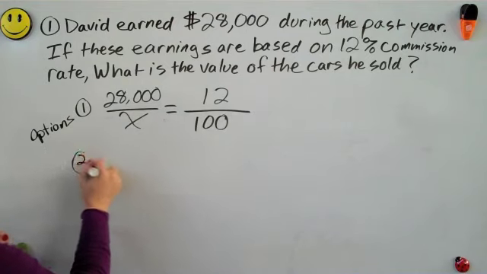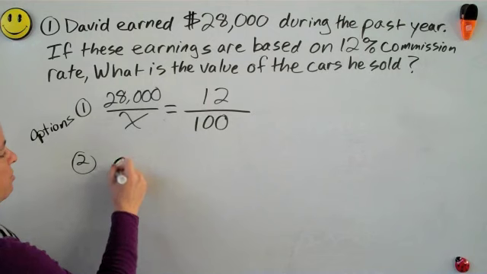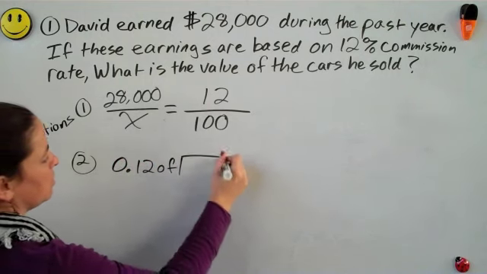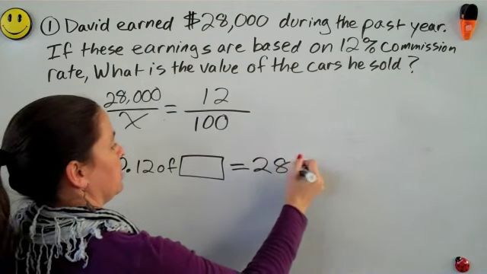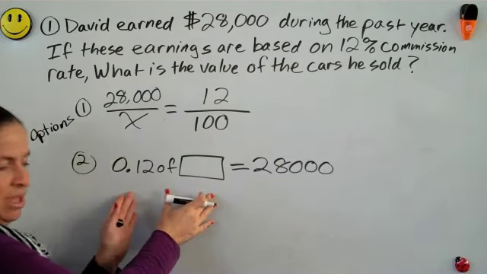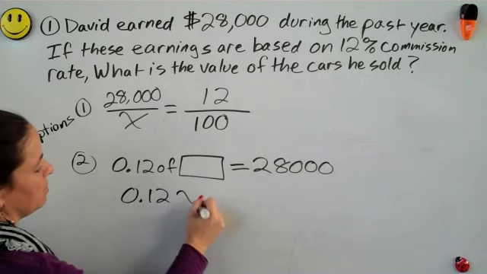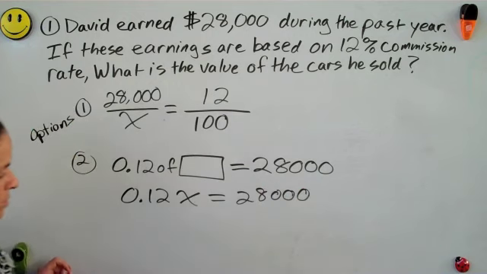Option number two is I can basically diagram out the sentence. What I know is that 12% of some number is going to be equal to $28,000. But we don't use this in algebra. We would actually say that this is 12% times x equals $28,000.